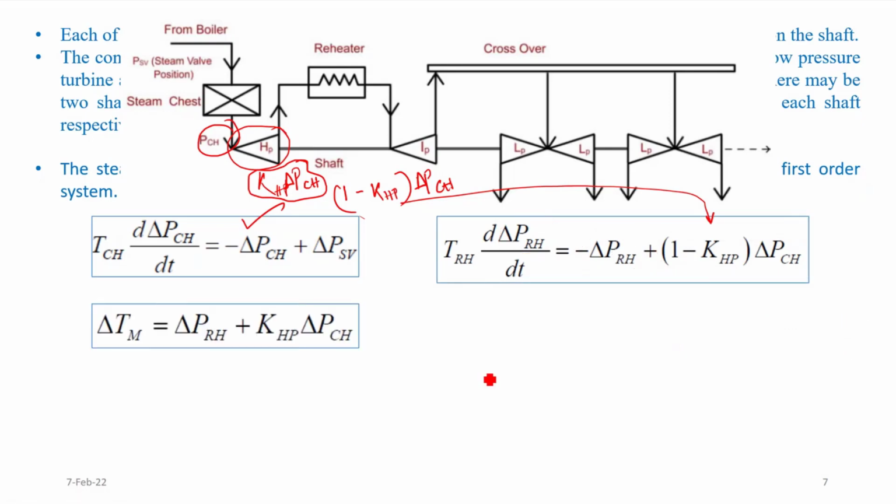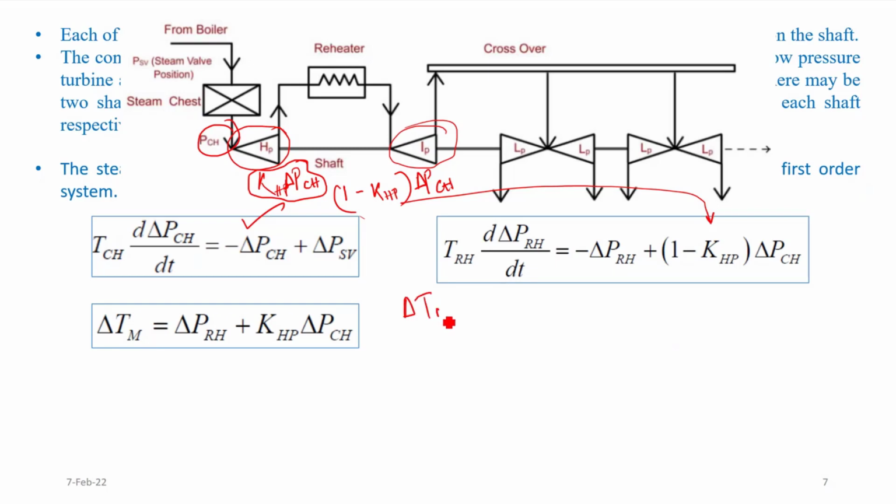So now if we write the total power delta T_m because of the first high pressure turbine and the second intermediate or low pressure turbine, whatever stage we consider, it doesn't matter. The total power of the turbine I can write in terms of torque also, because in per unit, power and torque are the same.